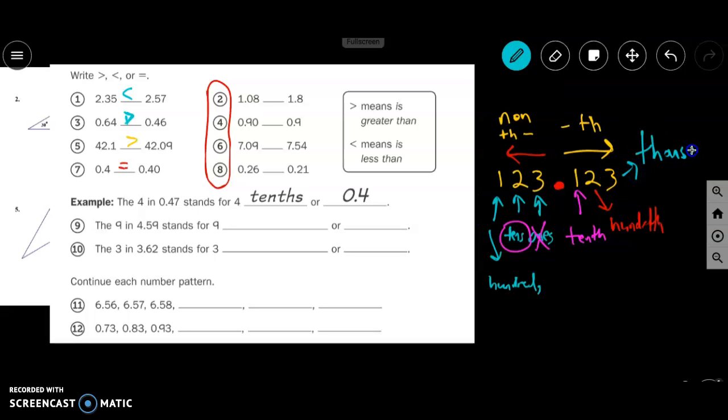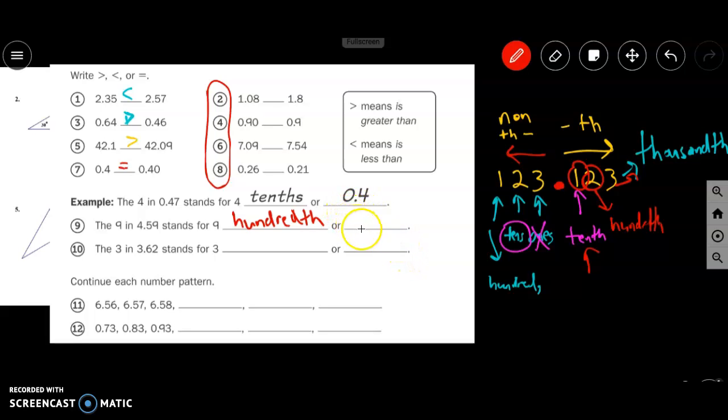Okay, so when we read that, we read the number and its place. So 1/10, 2/100ths, 3/1000ths. Okay. So if we look at number 9, we have 4.59, which stands for 9 hundredths.